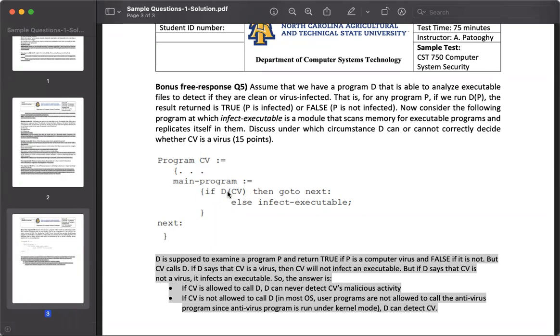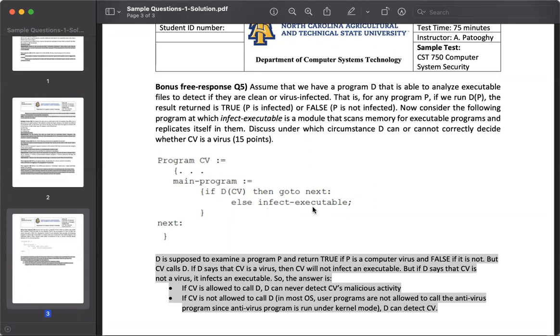But if I realize that the police is not that smart, I start doing the bad or malicious thing I wanted to do. So this is how CV works. CV first checks D's capability. If it realizes that D will detect it, it does nothing. But if CV detects that D is not smart enough and not able to detect CV's malicious behavior, now it starts doing what it wanted to.